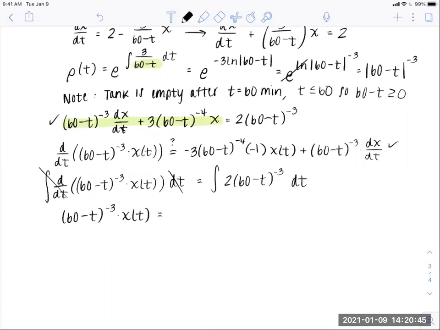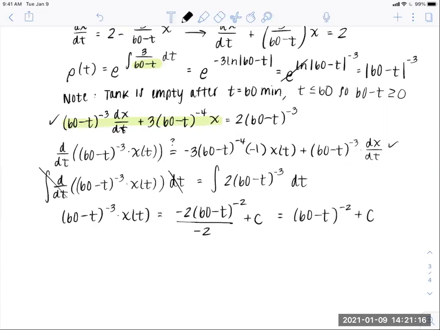On the right-hand side, again, if you want to do a u substitution, you can. It's going to kick out a negative. So what we'll get here is negative 2 times 60 minus t to the negative 2 divided by negative 2 plus c.